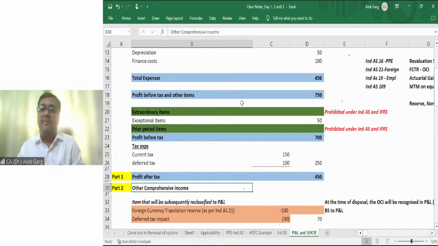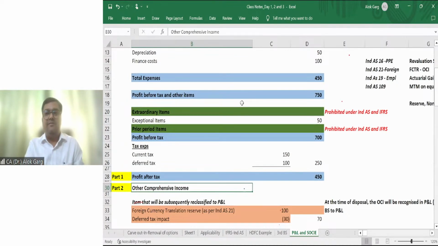Other comprehensive income includes non-cash items, and it generally includes notional items, non-cash and notional items, which are more like a reserve in nature, right?